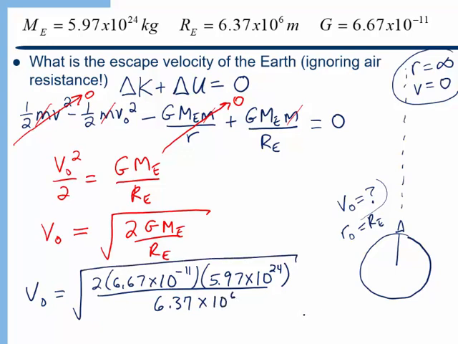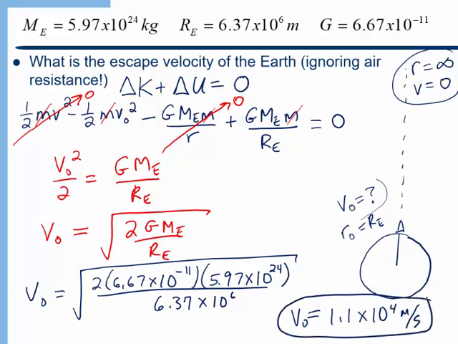And if you work that out, and again, I encourage you to always do these on your own, check them, make sure you agree with me, I got that V naught was 1.1 times 10 to the 4th meters per second. So that would be the escape velocity of Earth. Now, obviously, because Earth has an atmosphere, you couldn't just shoot something with an initial velocity of this and actually have it get away. Now, if you're on the surface of the moon, then this kind of calculation has more validity because literally there's no atmosphere on the moon.